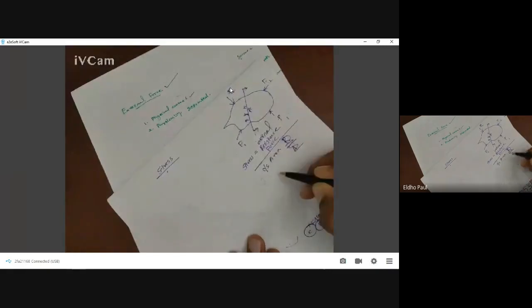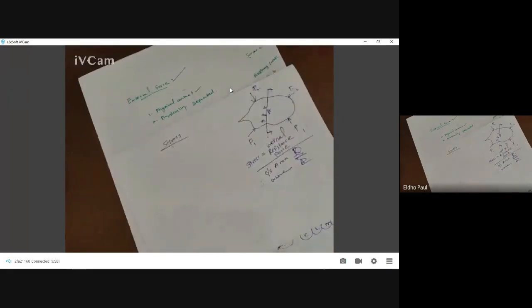That is important. That is equal to stress.